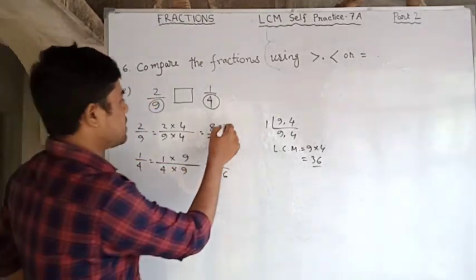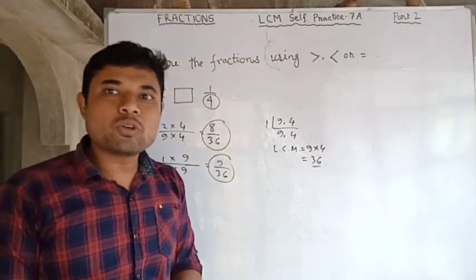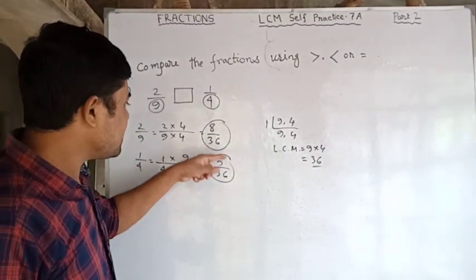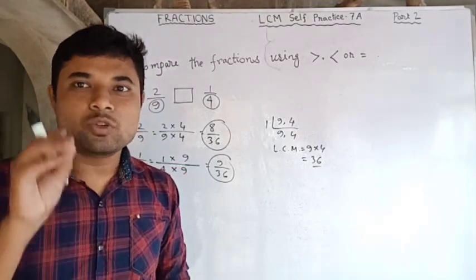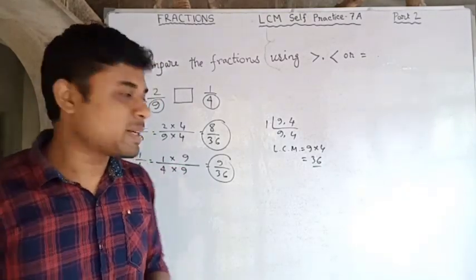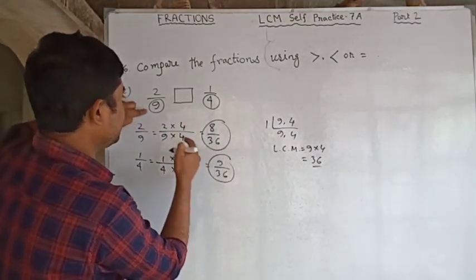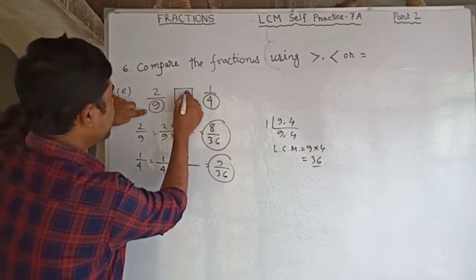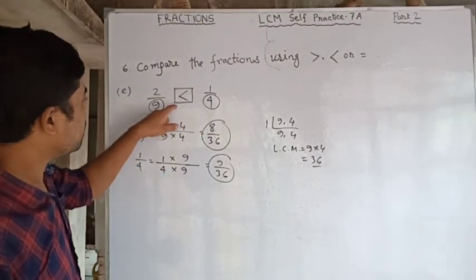Now we compare the equivalent fractions, 8 by 36 and 9 by 36. Look, the denominator is same, and you have learned that the greater numerator is the greater fraction. So 2 by 9, that means 8 by 36, is smaller, because 8 is smaller than 9.